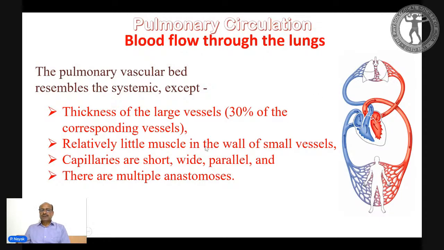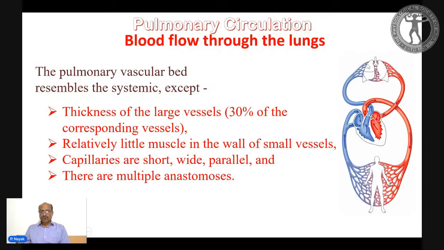There is relatively little muscle in the wall of small vessels. In the systemic circulation, the small vessels are the major source of resistance. In the pulmonary system, these small vessels have relatively less muscle in their walls.